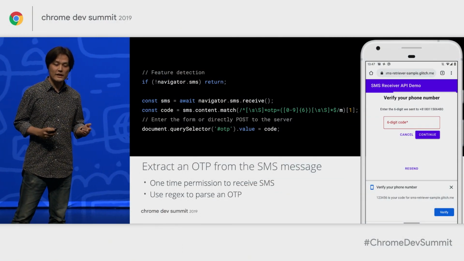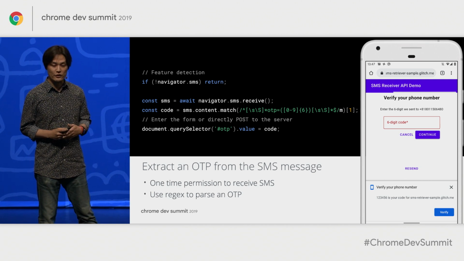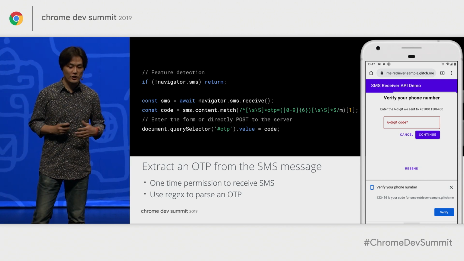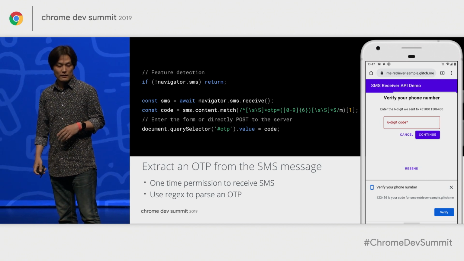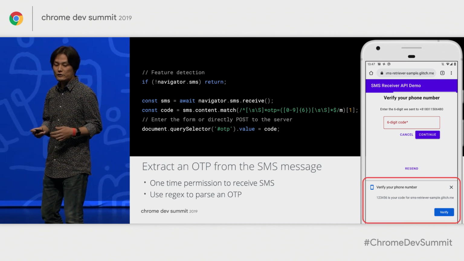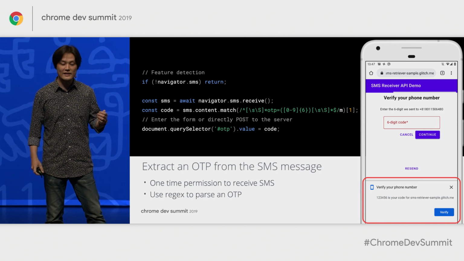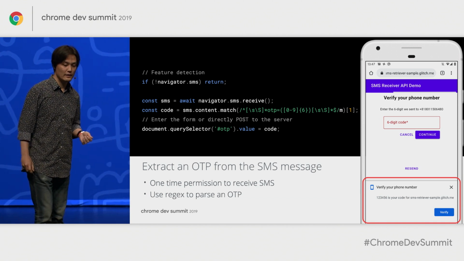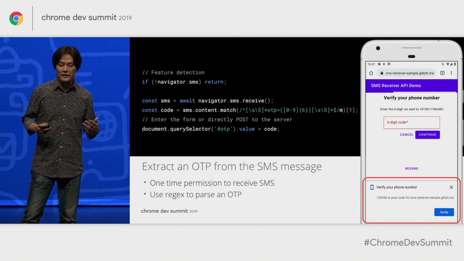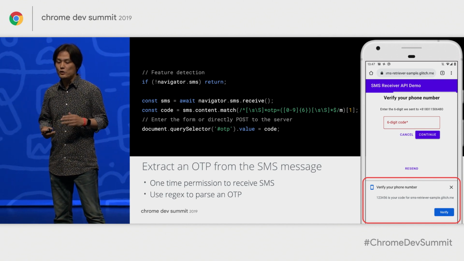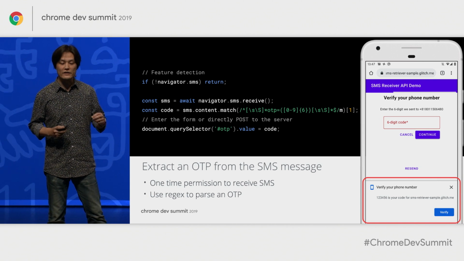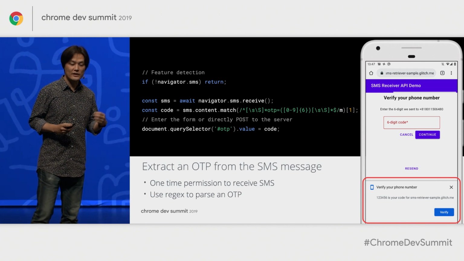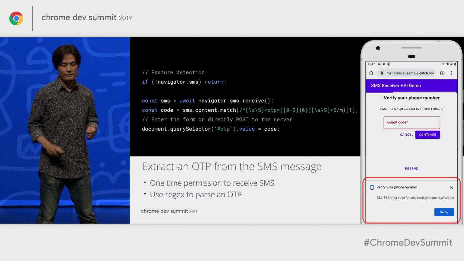When an SMS is received and meets all the conditions, a bottom sheet appears in the browser, and the user can grant the browser permission to access the text message. This permission is required for every receipt of a new message. This means the browser won't be able to read SMS messages without the user's explicit permission.